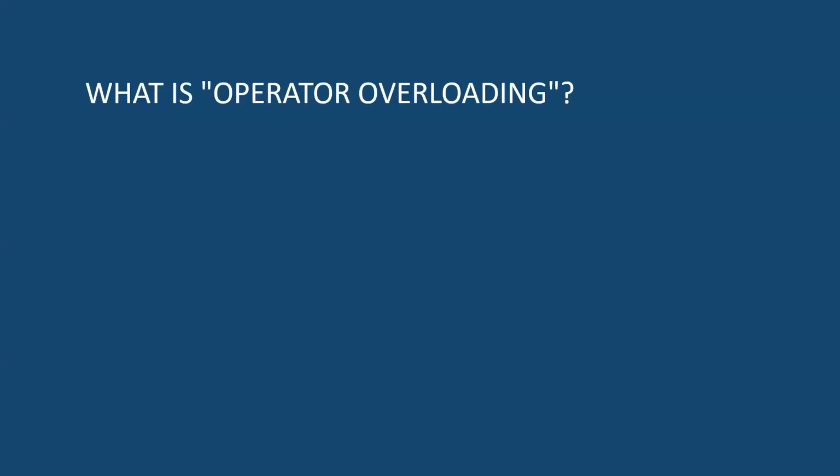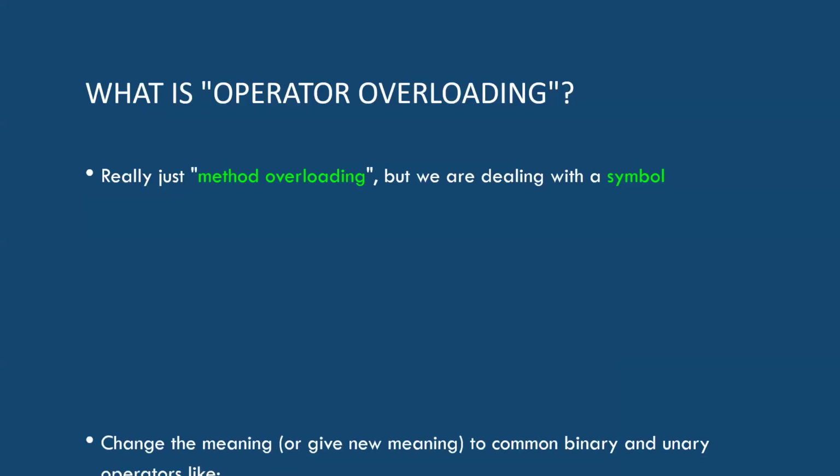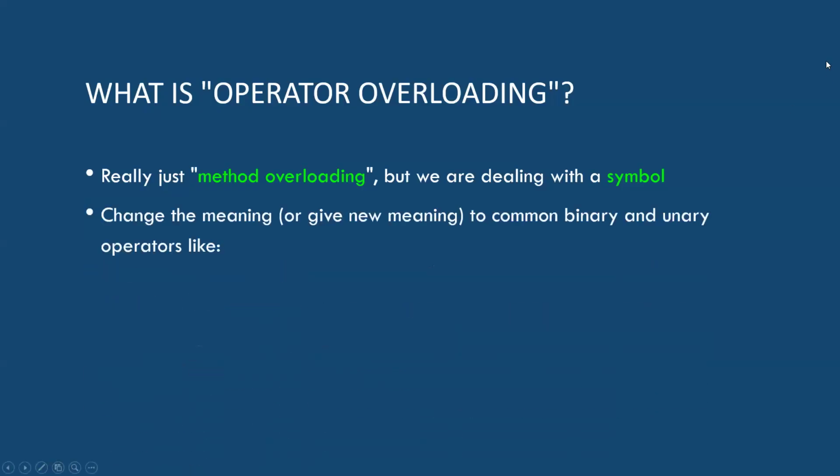So let's talk about operator overloading, which is our main topic for today. It's really just like method overloading. At the end of the day, once we train our eyes to see a little differently, we'll recognize, oh yeah, I'm just adding a method to my class that overloads some behavior. The idea, though, is that we're overloading a symbol rather than overloading some other existing method. We're saying, hey, I want to change what a plus means.